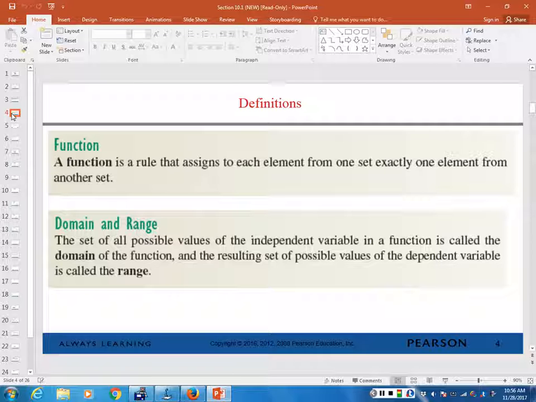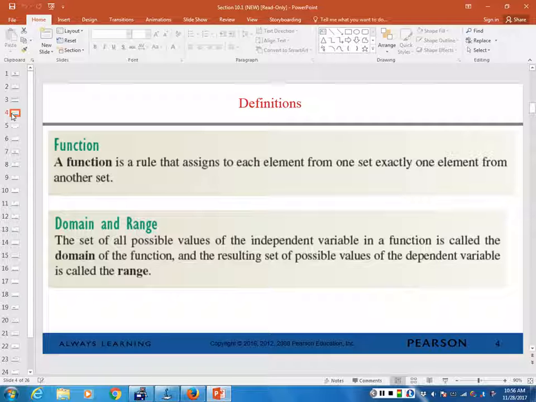The domain is all the possible values of the independent variable, which is the values that we always put on the horizontal axis or the x-axis. The range is the resulting y values or dependent values that are in the range set, which is the y-axis on a graph.